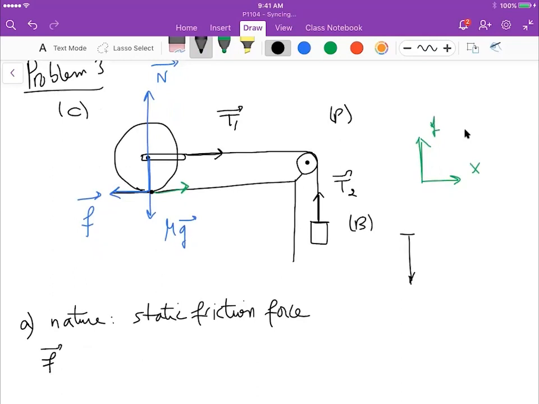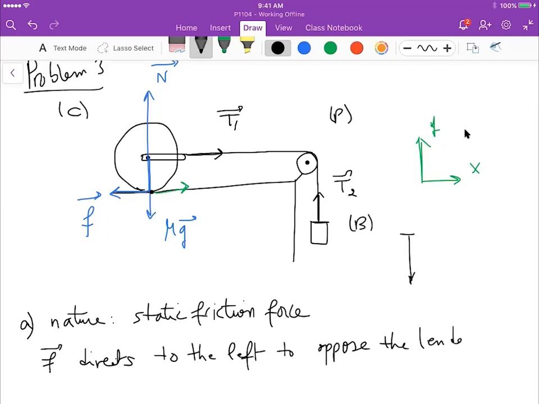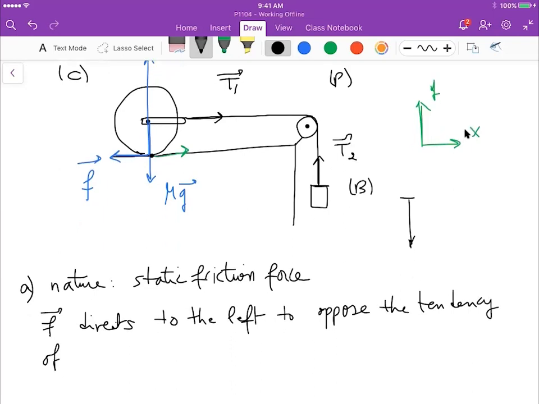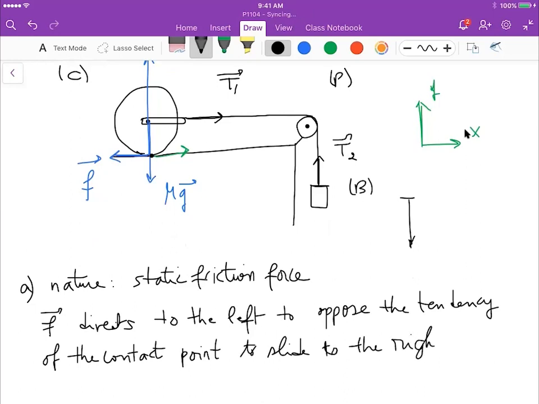We can say that F is directed to the left, to oppose the tendency of the contact point P between the cylinder and the table to slide to the right. Our goal is for the point P to stay at rest, in its place, until rolling without slipping occurs. For this reason, F must be directed, as we said, to the left.